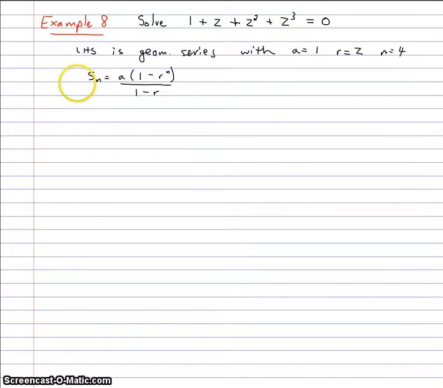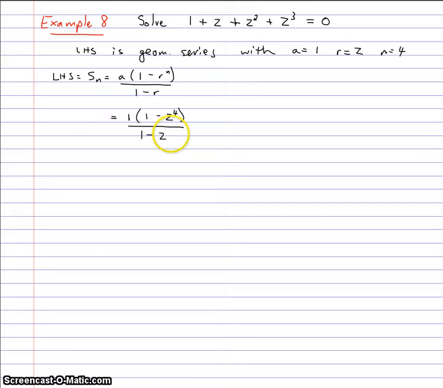That's equal to 1 times 1 minus z to the power of 4, over 1 minus z.